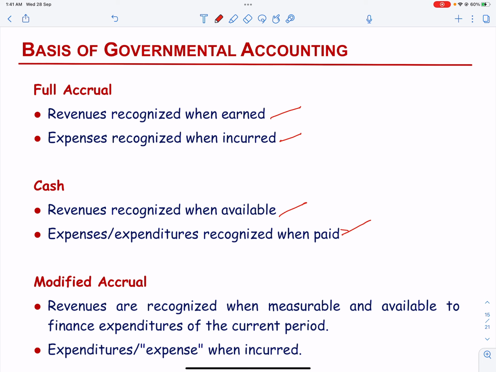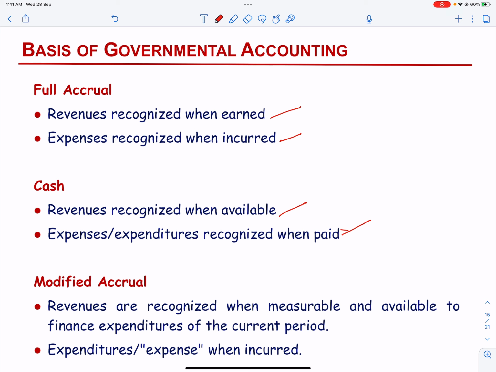We are not going to use the term expense in governmental accounting, rather we will use the term expenditure. Now, expenditure is the decrease in financial resources to settle liability with current financial resources, and we will talk about it in a while.